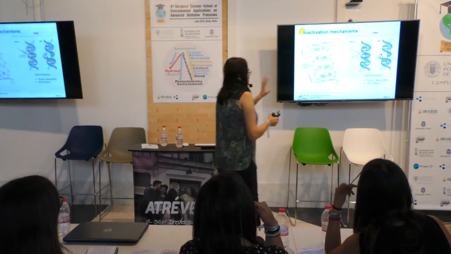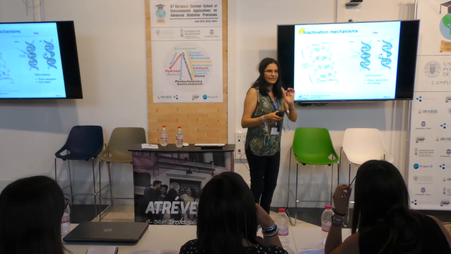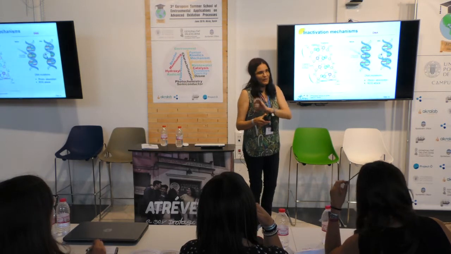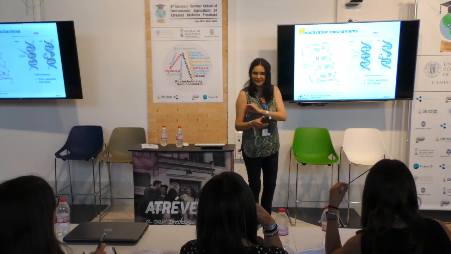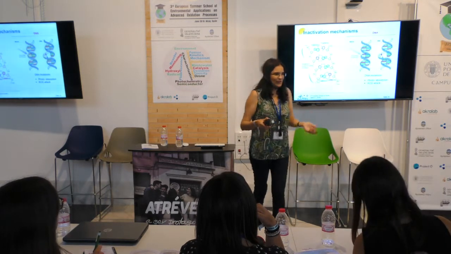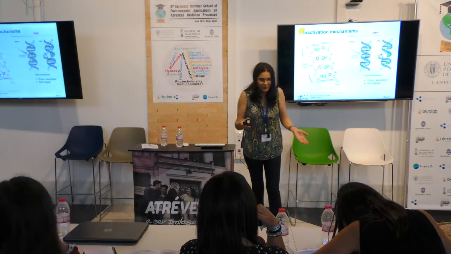So now we are going to briefly see these key targets of the microorganisms that explain why these cells are inactivated. The DNA is the genetic molecule that all cells contain and is the basis of life.